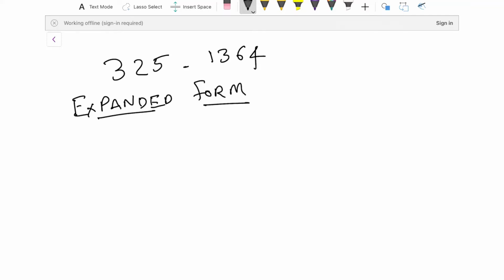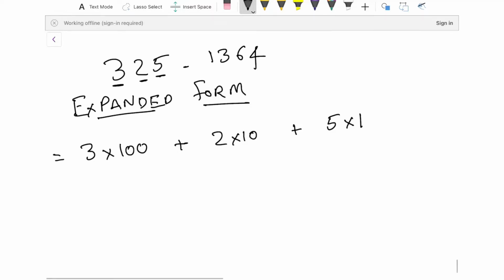As you can see, 3 is in its hundreds place, so we can write it as 3 into 100, that's its value, plus 2 is in the tens place, so you write it as 2 into 10, plus 5 is in the ones place, 5 into 1. Do you notice that as you go from left to right, the place value of each digit decreases 10 times? That's right. Now let's write the decimal part.